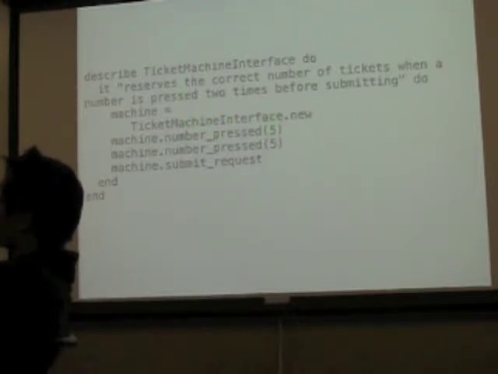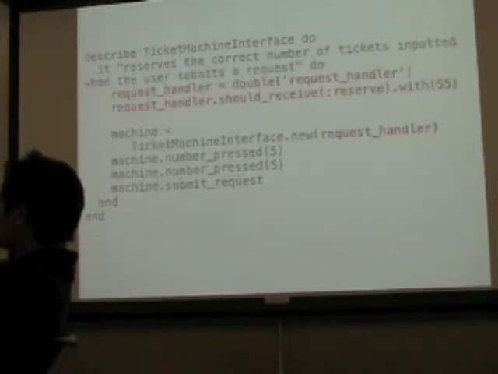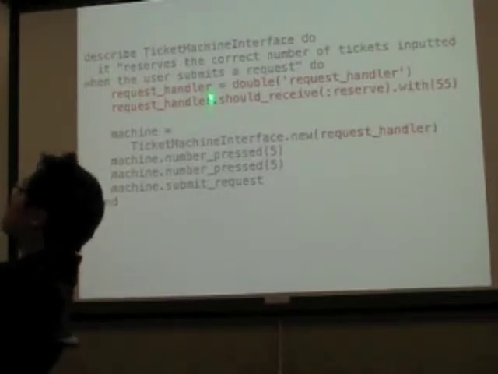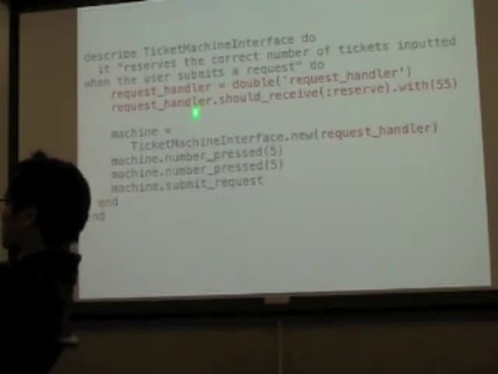I'm going to tell it that 5 was pressed, then 5 was pressed, and submit request was pressed. And then I want to describe the behavior of that object when this sequence of events happens. And the behavior that I would expect is, I would expect whatever object is playing the role of request handler to receive a message with the number 55.